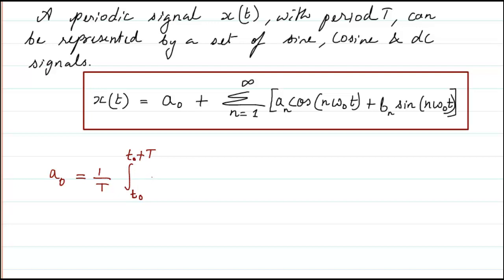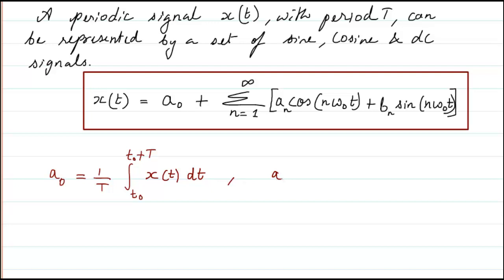So it's not that always we will start from 0 and integrate up to T. It may start from 1 and go up to T plus 1. So that is why we have written t naught. It's not always necessary that the periodic signal starts at 0, but most of the time we will say that it starts at 0 and goes all the way up to T, and we integrate x of t dt within that period. Okay, so this is for finding out A naught.